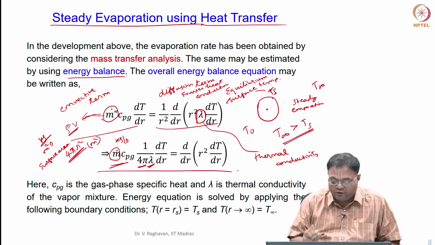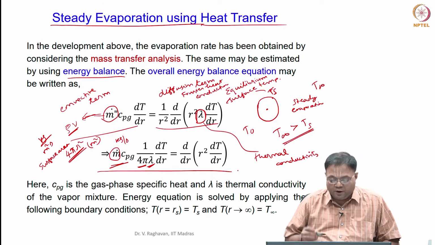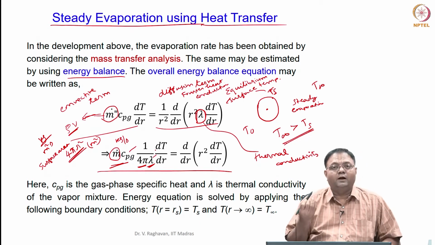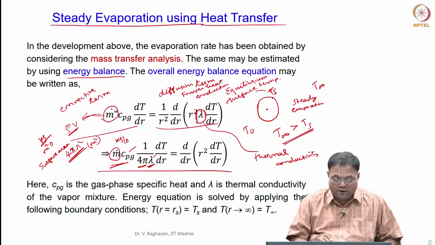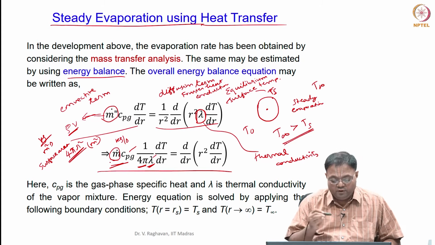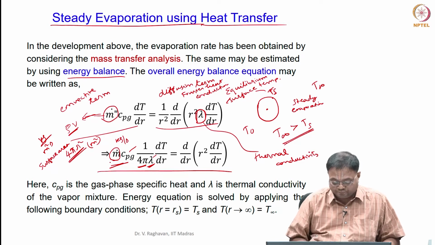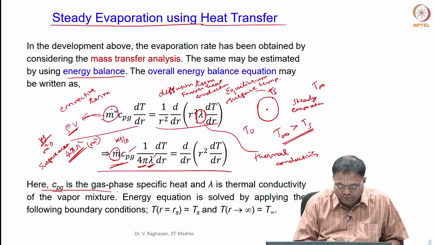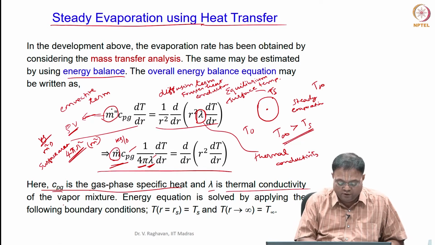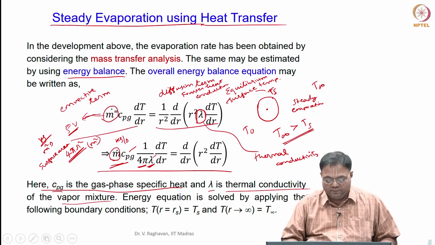Now you have a second order equation in temperature. Cpg and lambda are taken as constants, and m dot is the evaporation rate, which happens only at the interface. Cpg is the gas phase specific heat, and lambda is the thermal conductivity of the vapor mixture, the gas thermal conductivity.